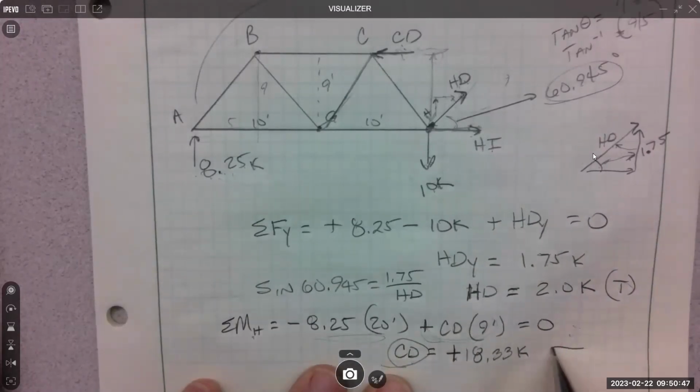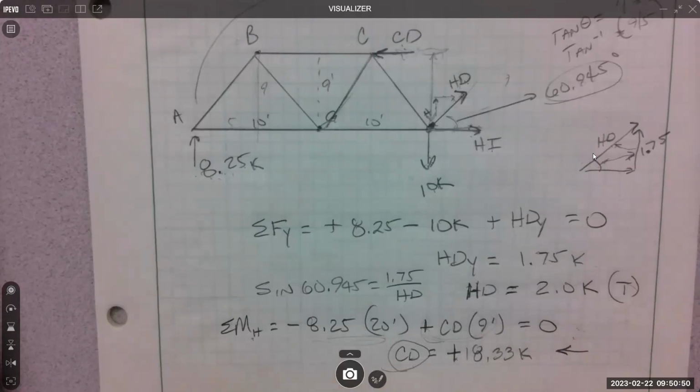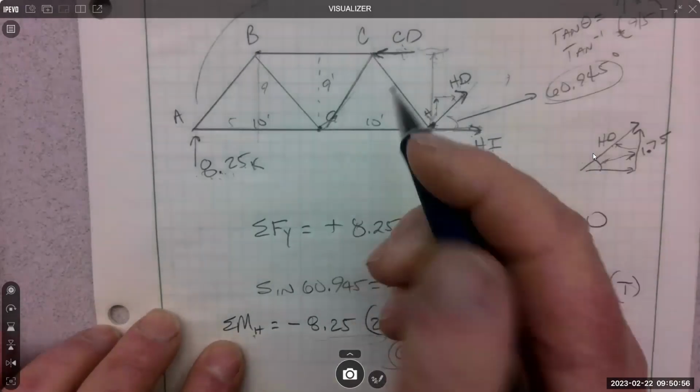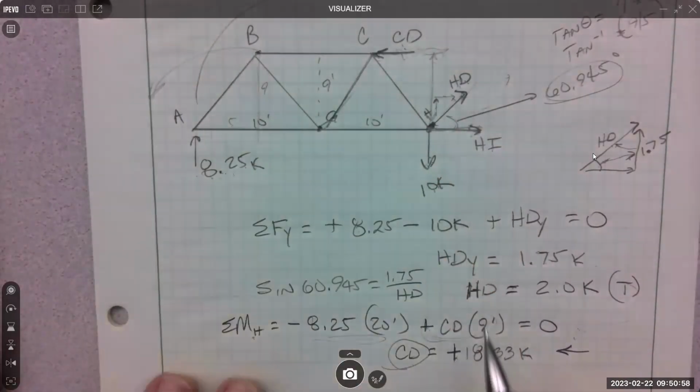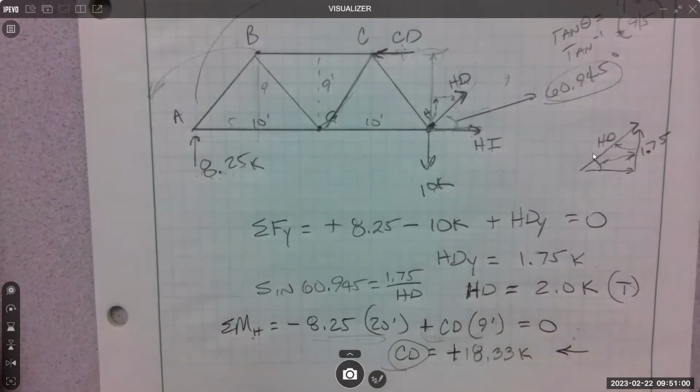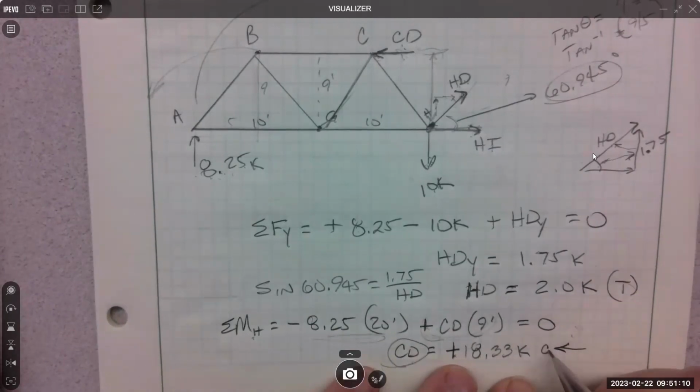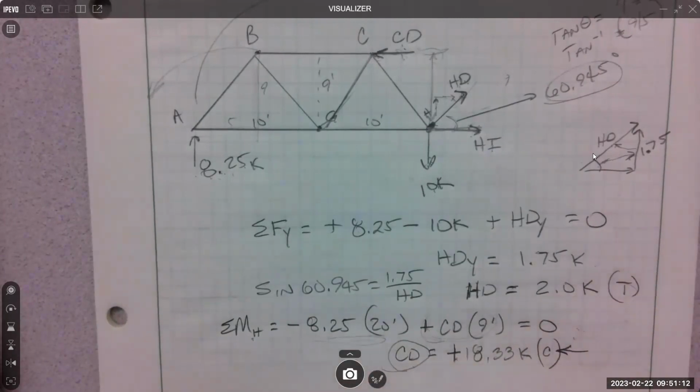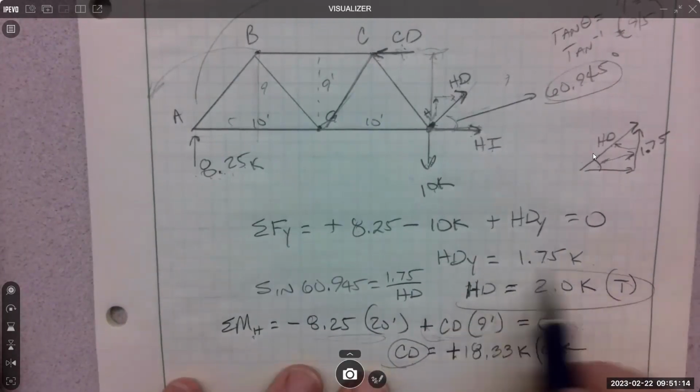So that means CD is going that direction, to the left. Because moments, it's rotation, right? So now this rotation goes this way. That's a positive rotation. So those signs are super important. So CD points into the point, it's in compression.